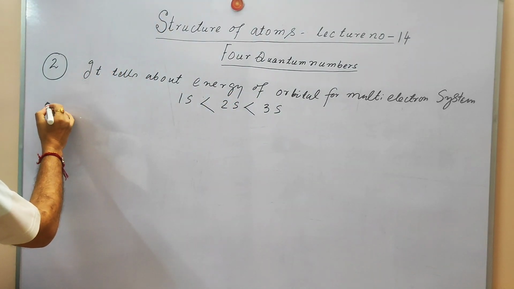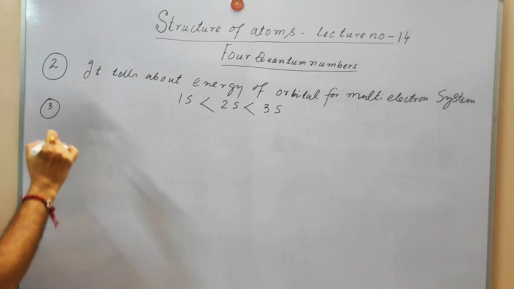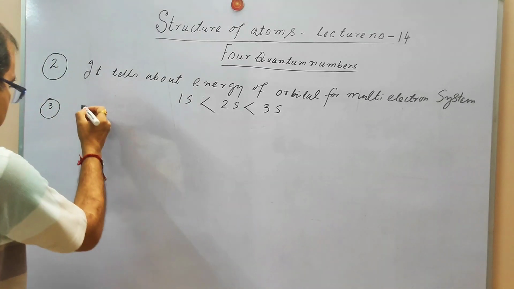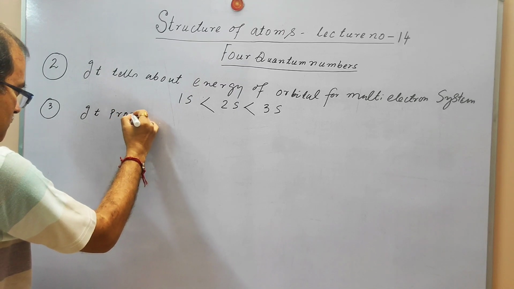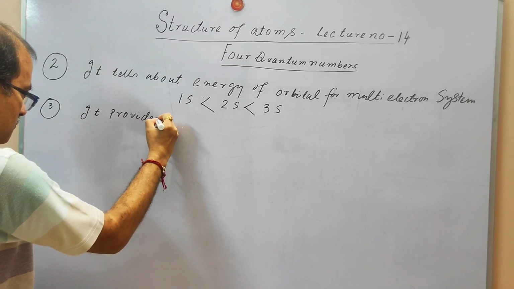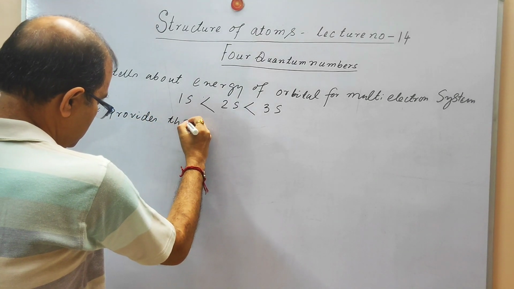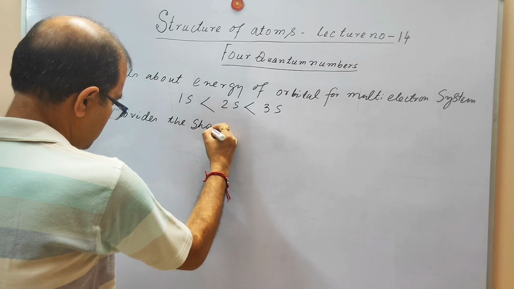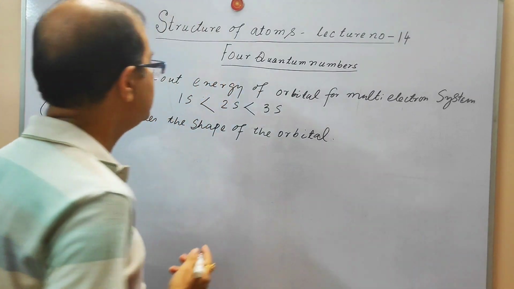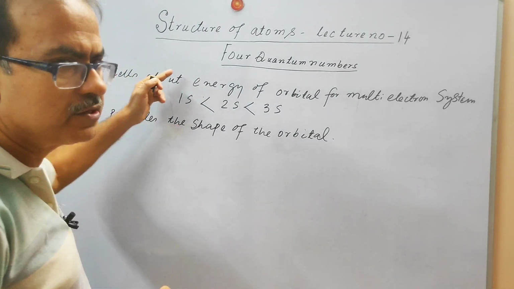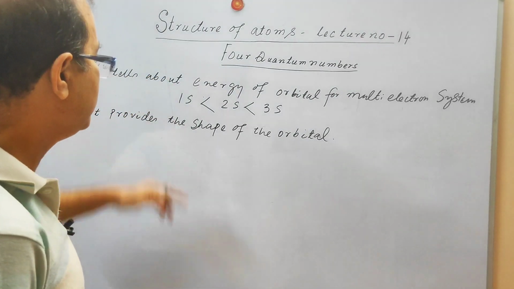The most important part of the subshell is that it provides the shape, which we will discuss. These two things, how the energy of the orbital is influenced by the azimuthal quantum number and the shape of the orbital, we will discuss separately in different lectures.